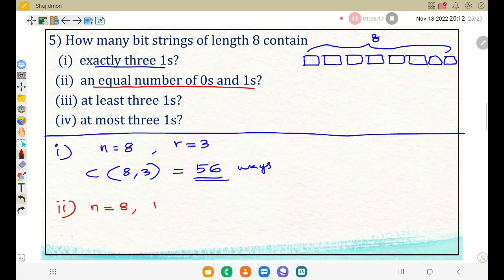Equal number means how many ones will be there? Totally 4 ones, correct? So what we need to do? Just choose 4 out of 8 slots to place 1s, correct? So combination of 8, 4. You can check the answer. It is equal to 70 ways. You can select 70. Okay.